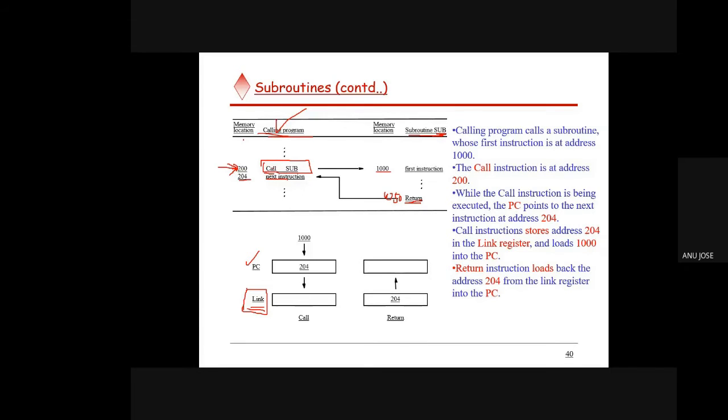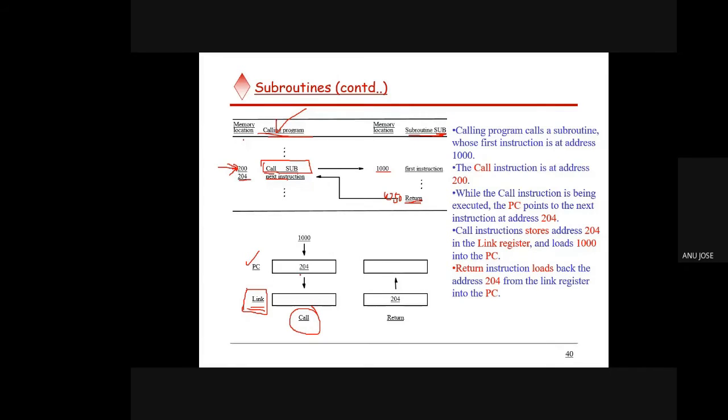It is a calling instruction, calling a subroutine. So the program counter should be updated. I should not move into 204; 204 was the initial content. Now I should move to where my subroutine is located, which is 1000. So I should move to the 1000 memory location. That is what happens in the calling process.